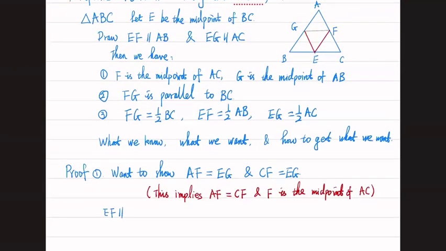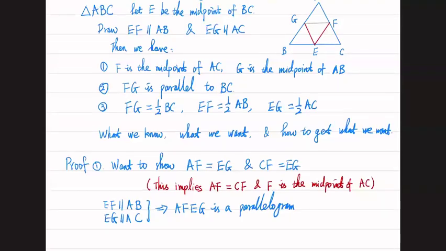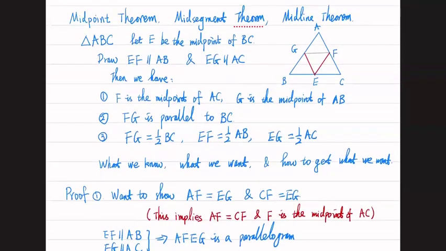EF is parallel to AB, EG parallel to AC. This implies AFEG is a parallelogram. Being a parallelogram, the two parallel sides must have the same length.